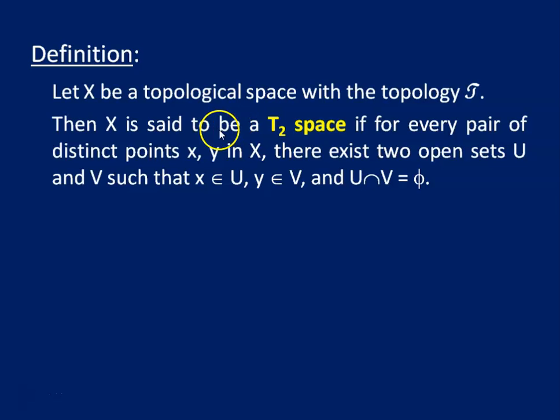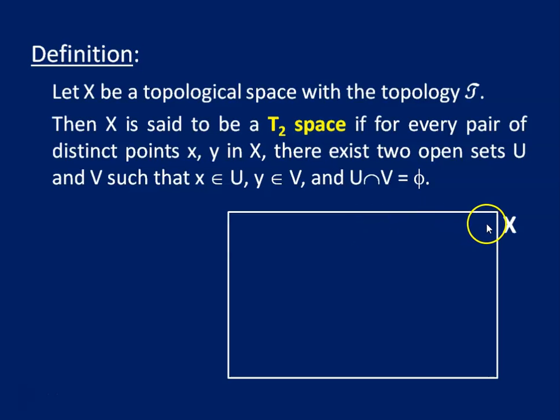That means a topological space X is said to be a T2 space if for every pair of distinct points X and Y, there exist disjoint open sets U and V, where one of those open sets contains X and the other one contains Y. Here U and V are disjoint, but in the case of a T1 topological space, they may not be disjoint.